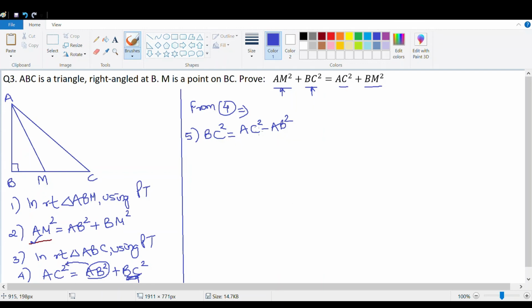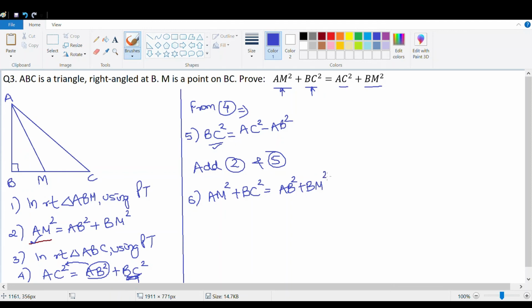So I have on the left hand side, what they want is AM square, which is here, and they want BC square, which is here. So let's just add these two equations. So add 2 and 5, and what I get is AM square plus BC square, which is my left hand side, and on the right hand side I will have AB square plus BM square.